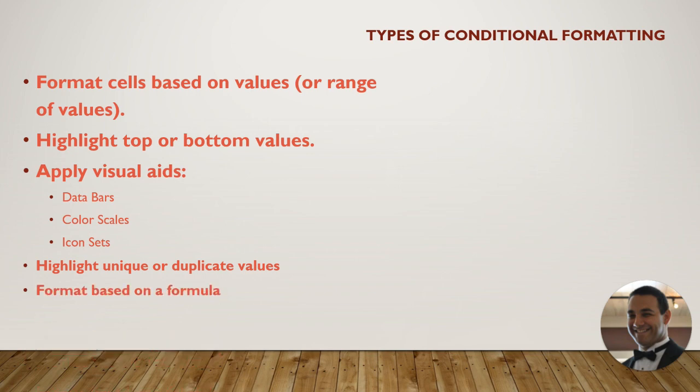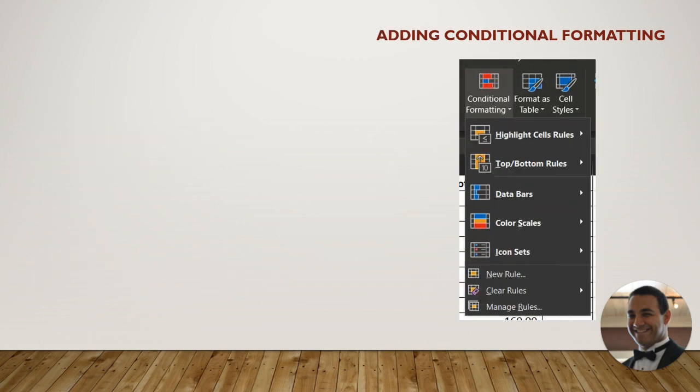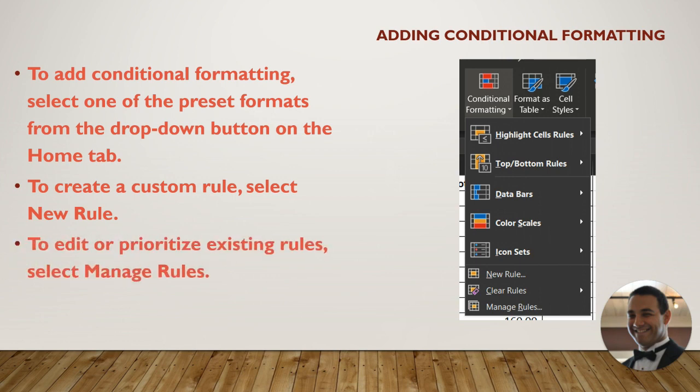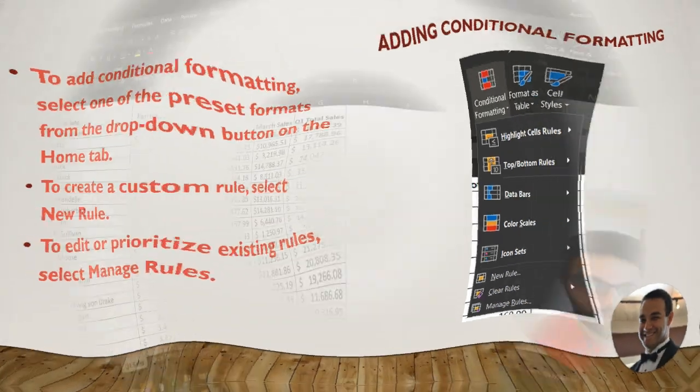And we can format based on a formula. To add conditional formatting, select one of the preset formats from the drop-down button on the Home tab. To create a custom rule, select New Rule. And to edit or prioritize existing rules, select Manage Rules.